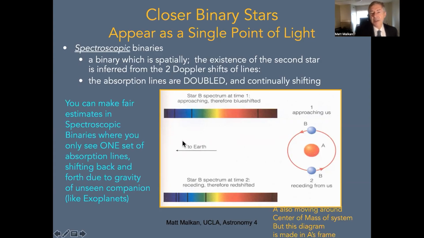One of the stars at any one time would be coming towards us at the same time the other star would be going away. So when you look at what you might have naively thought is the spectrum of a single star, you might see a slightly blue shifted set of absorptions and a separate set of slightly red shifted absorptions at the same time. The star isn't obviously coming and going at the same time. You're looking at the light from two different stars, which are coming and going. They just go back and forth like that.